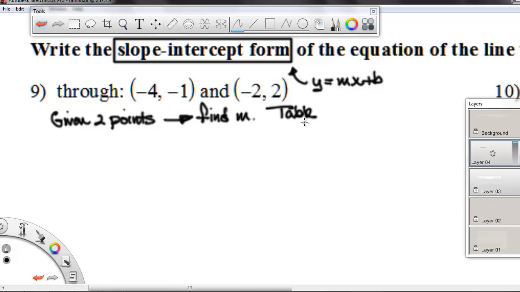Okay, let's go ahead and create the table of x and y values. Looks like our first point is (-4, -1).